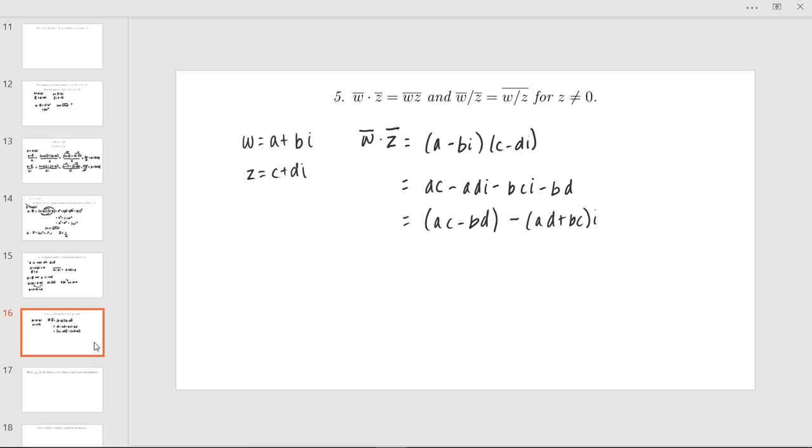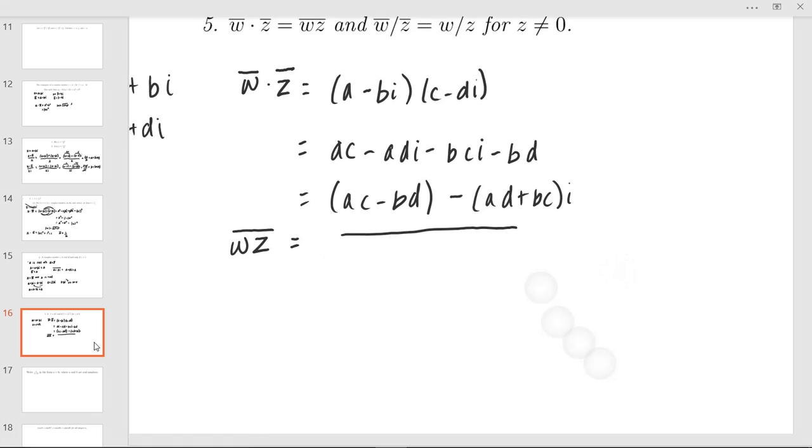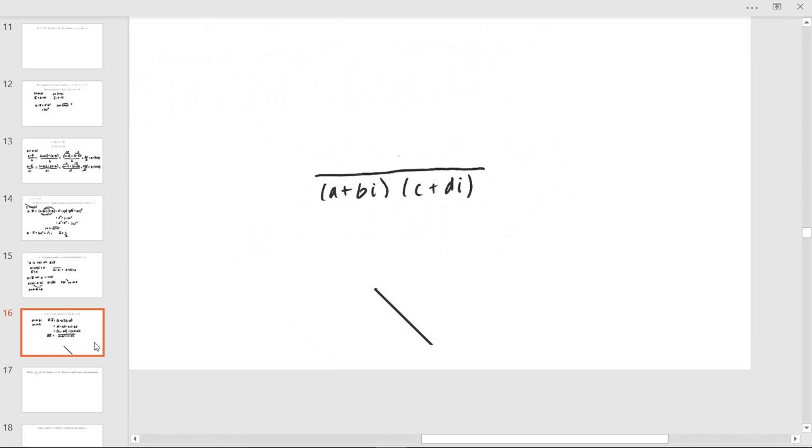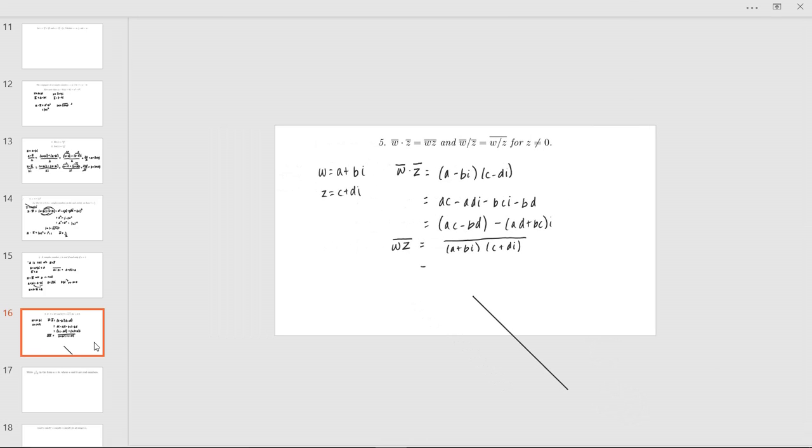Now we will compute wz conjugate. So this is equal to the conjugate of (a plus bi) times (c plus di). Foiling, we get this is equal to ac minus bd plus (ad plus bc)i, the conjugate of this.